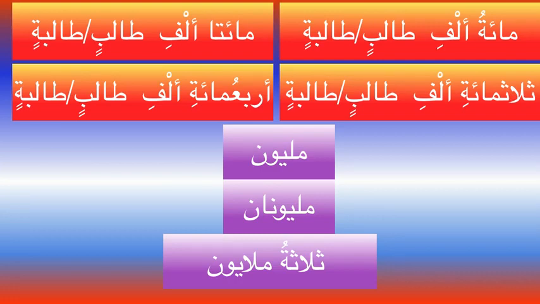So let's have a quick recap. The numbers in Arabic are grouped together, and those groups have their own set of rules. So let's quickly go through them, and what we need to understand is the adad and ma'dud. The first group will be 1 and 2.